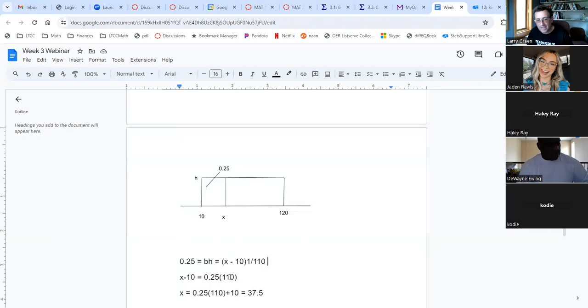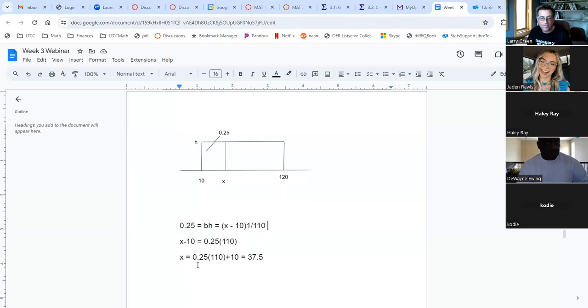And 0.25 times 110. Then to get x by itself, if we have an x minus 10, we add 10 to both sides. So we say x is equal to 0.25 times 110 plus 10. And you can use a calculator, and you get 37.5. Any questions on that? And that would be the first quartile, 37.5. Any questions?